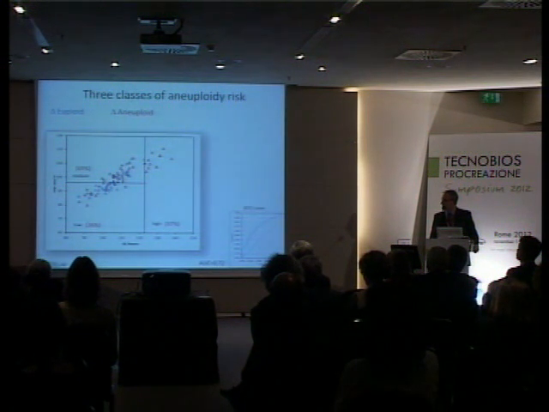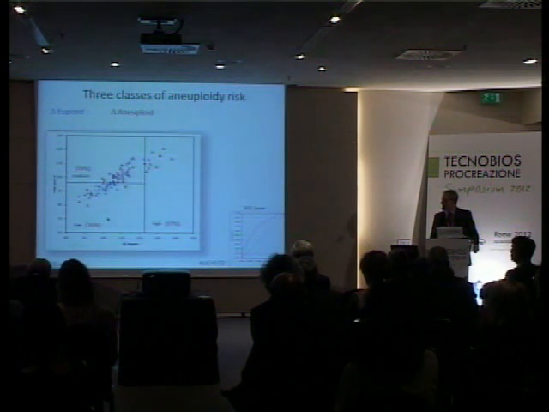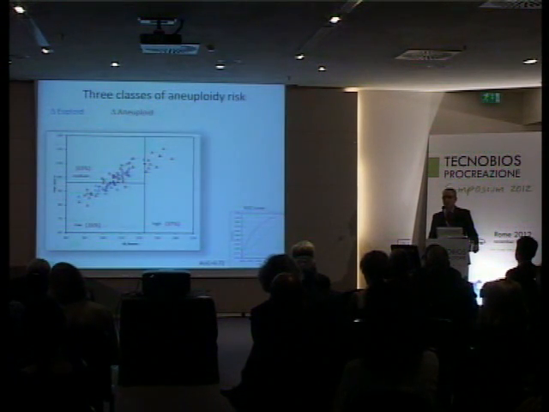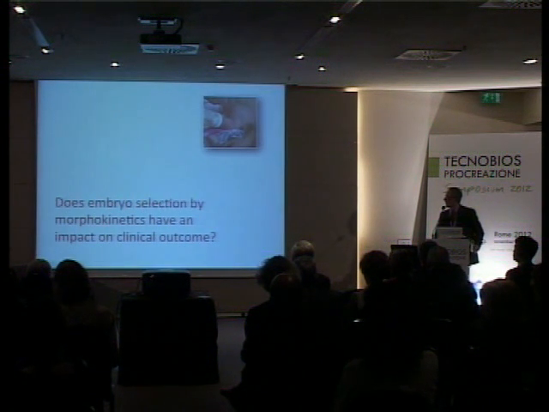And in fact, when these events occur a little bit earlier, the chance of aneuploidy is decreased. So later stages of development in vitro may be in part at least suggestive of the ploidy status of the embryo, although it's not a definite answer, yes or no, of course.